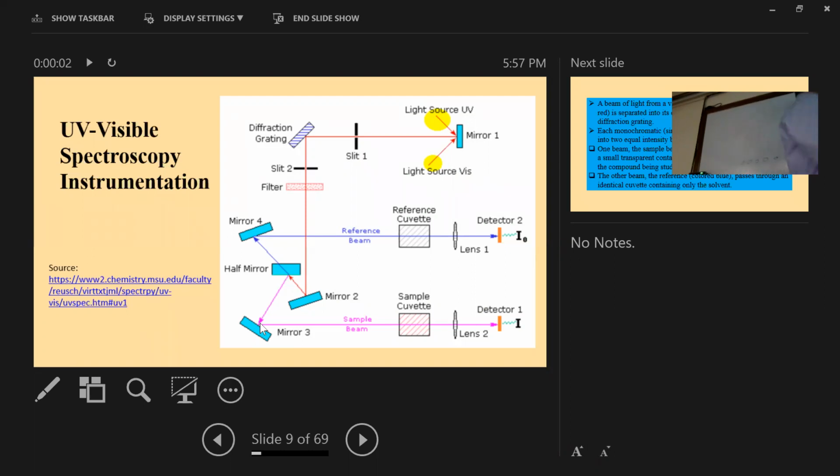Now, first let us consider we are keeping only water in both tubes. Now what will happen? Any idea? Here water, here also water.